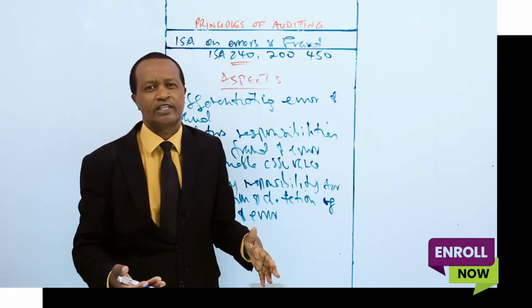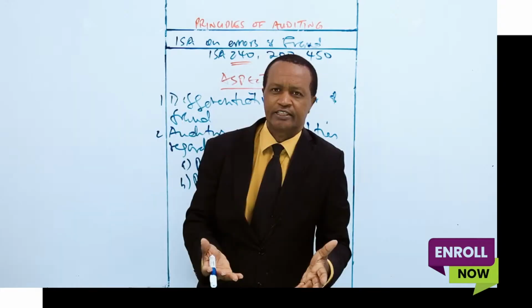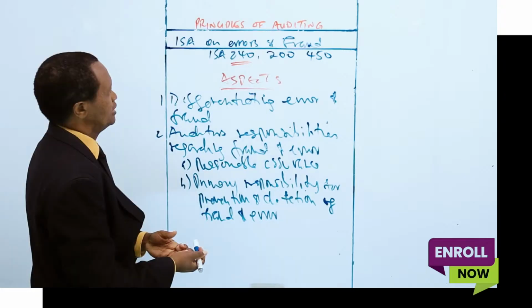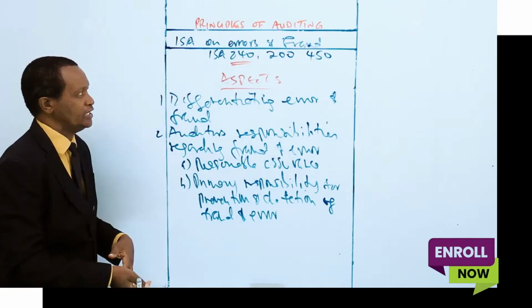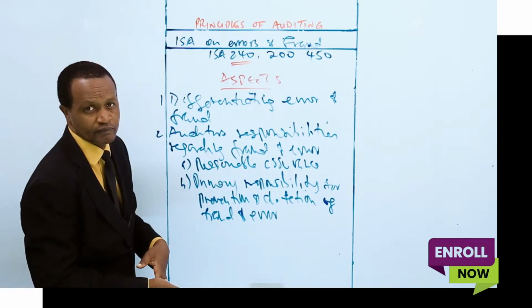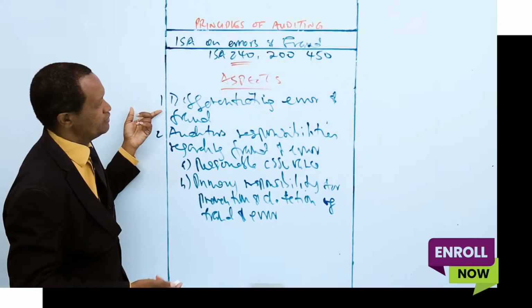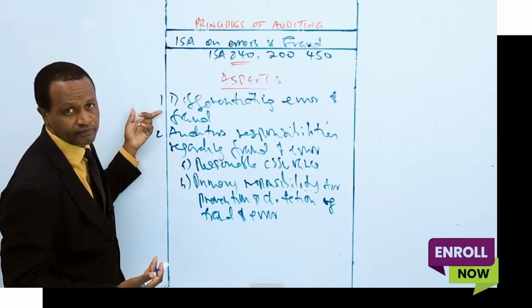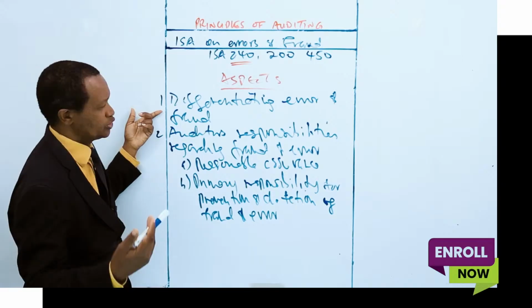In this lesson, we are going to highlight some of the aspects of these key international standards on auditing. One key aspect is differentiating error and fraud. That is ISA 240.